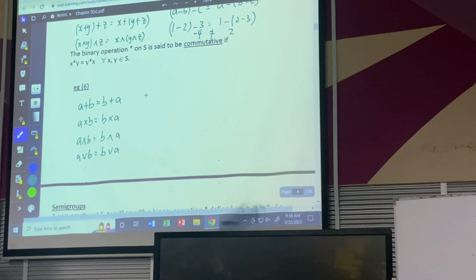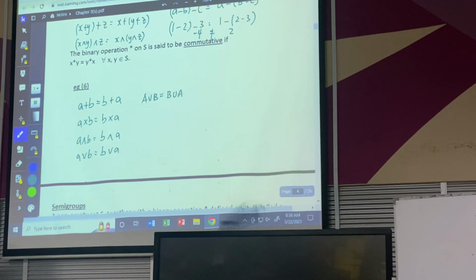Others like A union B equal to B union A, and A intersect B equal to B intersect A. So all these are commutative operators.